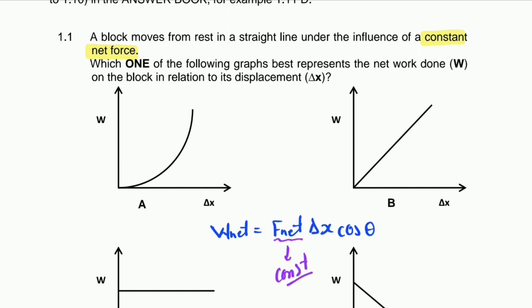So what is the relation between net work and displacement? And also the angle must stay constant. So if the angle stays constant, the net work depends on the displacement in a directly proportional relationship, as you can see there.